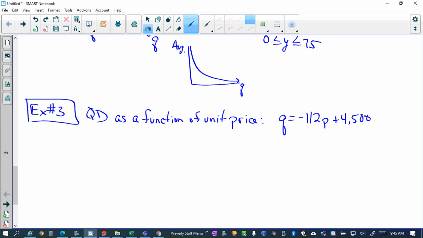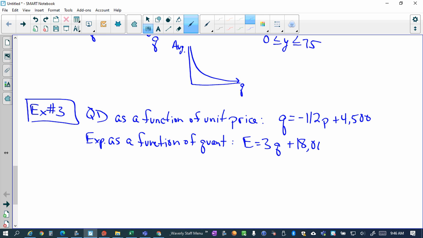So they have expenses as a function of quantity, and we just did that in the last example. So that's their E equals 3Q plus 18,000.